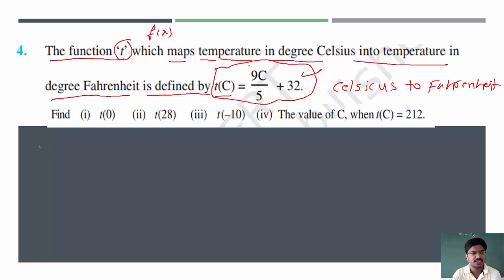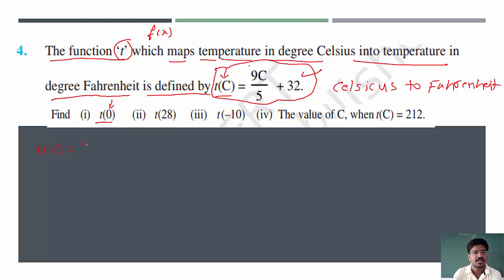See, the first one is T of 0. T of 0 means C value is 0. Here they have given T of C, so here they are asking T of 0. So C value is 0.